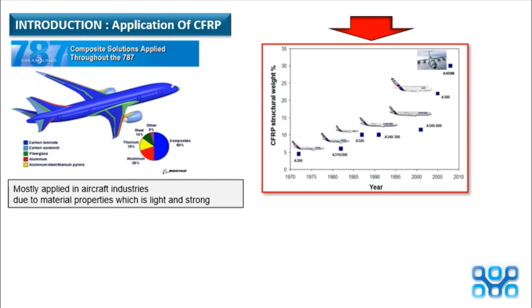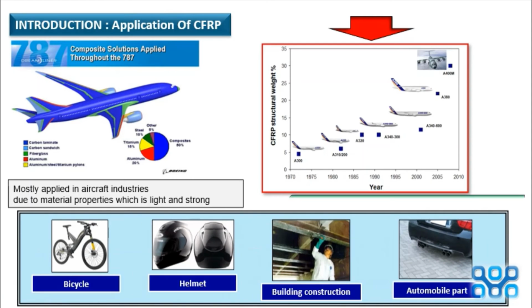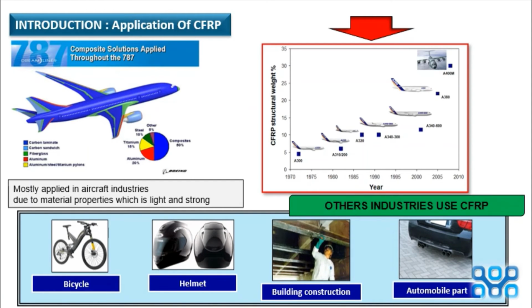You can see also in the Airbus industry from 1970 to 2010, the use of CFRP increased gradually. Other industries that use CFRP include bicycles, helmets, building construction, and automobile parts.